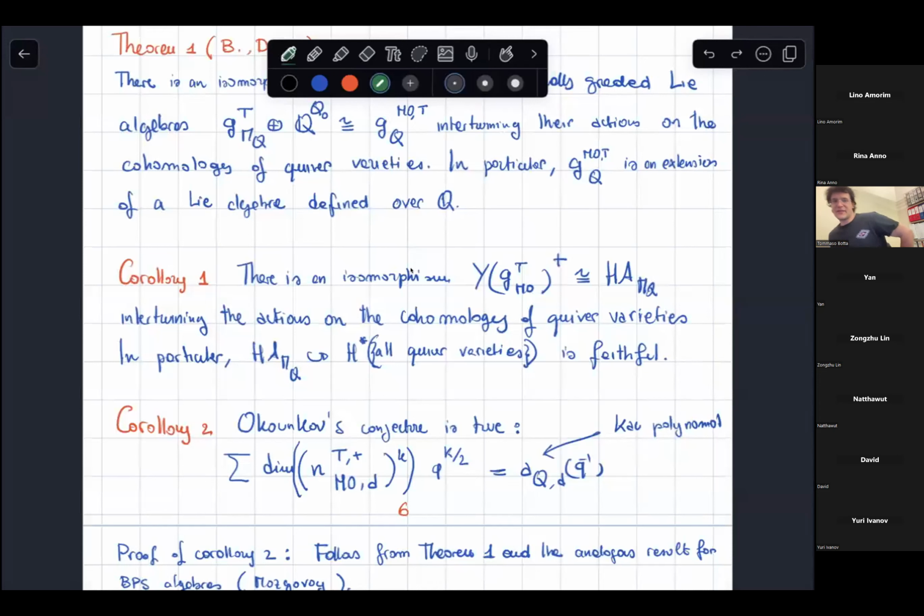This also tells us that the Maulik-Okounkov Lie algebra is highly non-trivial even in high cohomological degrees for arbitrary quivers. Even for many Dynkin quivers, it is not concentrated in low degrees. It's really something bigger.